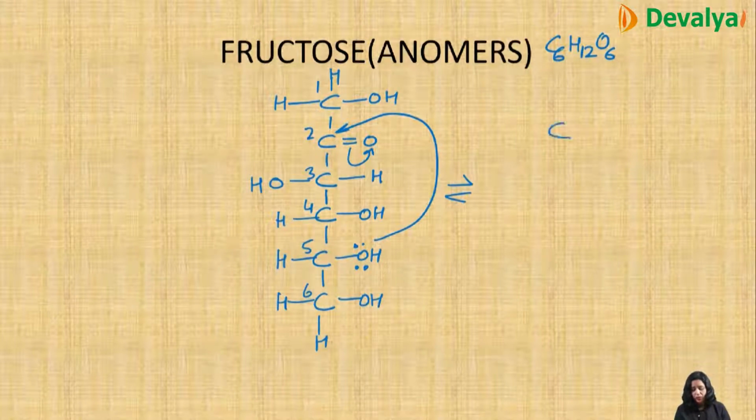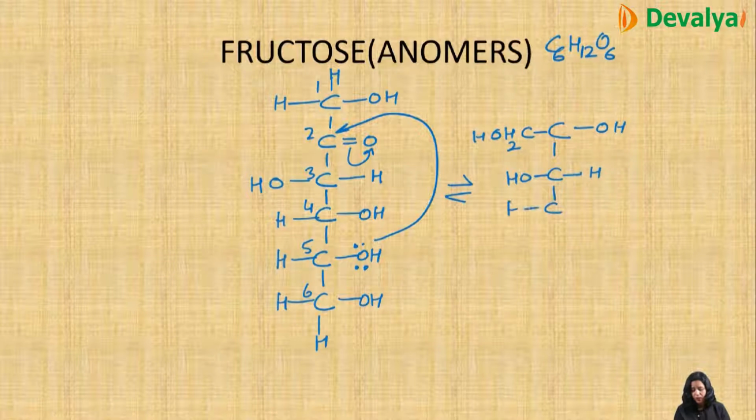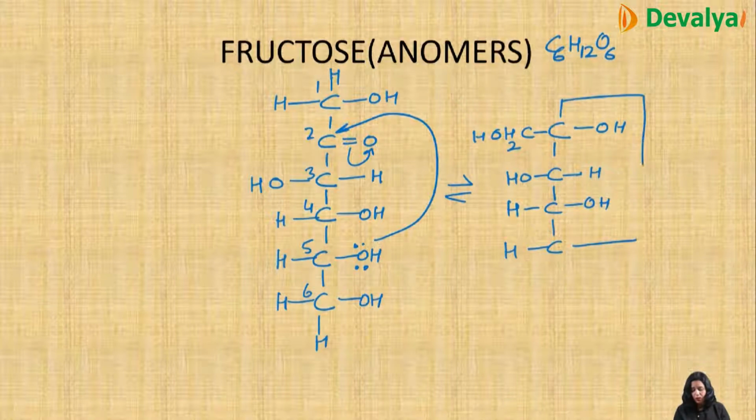In carbon 2, this is OH and this is CH2OH. This is C, OH, H. This is H, this is OH, then H, and through oxygen they will link, and here it is CH2OH.